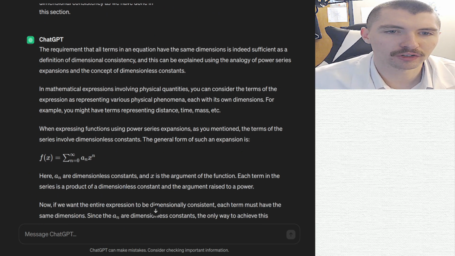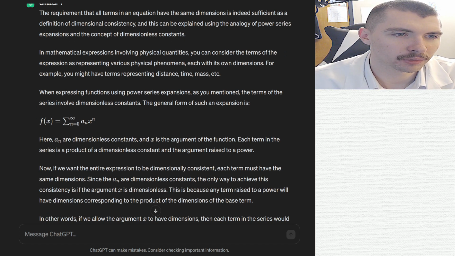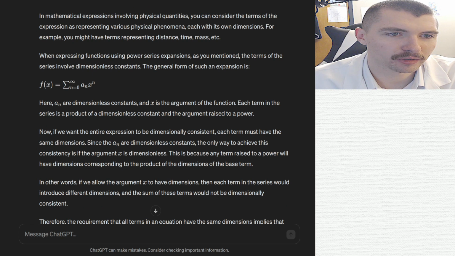Mathematical expressions involve physical quantities. You consider the terms of an expression. When expressing functions using power series, the series involve dimensionless constants, and x, the argument of the function, is dimensionless; each term in the series is a product.